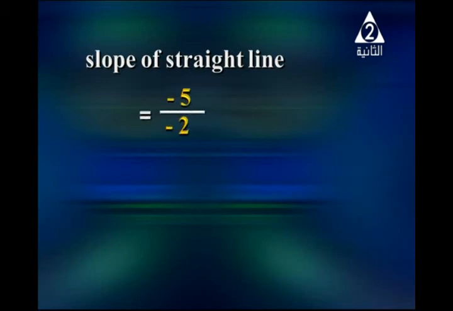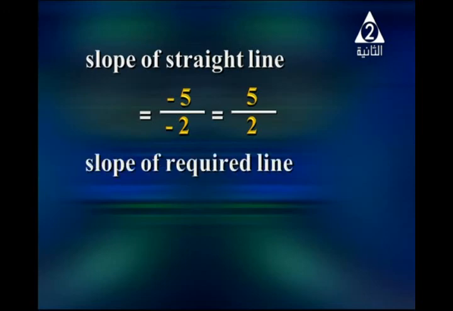So it is -5/-2, which is equal to 5/2. This is the slope of the straight line. I want to find the slope of the perpendicular line. So the slope of the required line will be, that's correct, multiplicative inverse, additive inverse. So it will be -2/5, as their product will be -1.